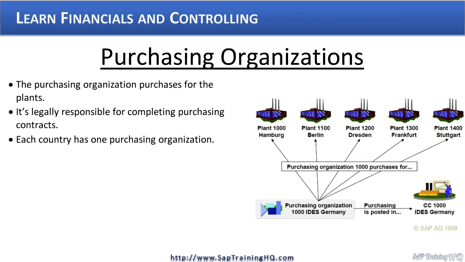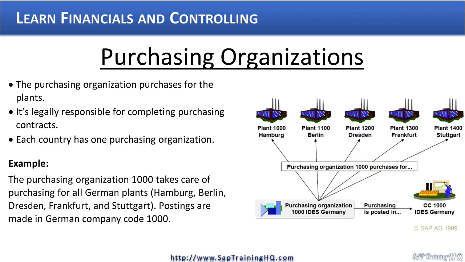Let's again consider the example of company code 1000. The purchasing organization 1000 takes care of purchasing for all Germany plants. That's Hamburg, Berlin, Dresden, Frankfurt and Stuttgart. Postings are then made in Germany company code 1000.